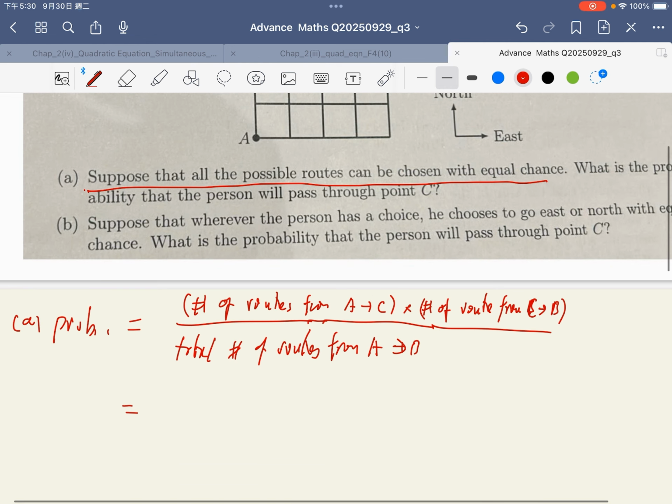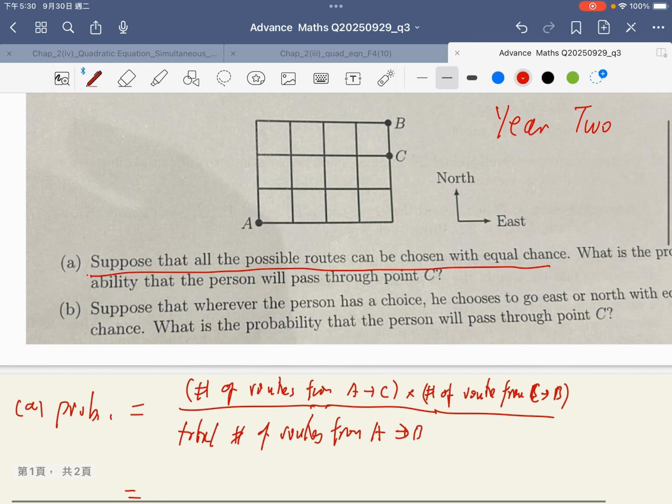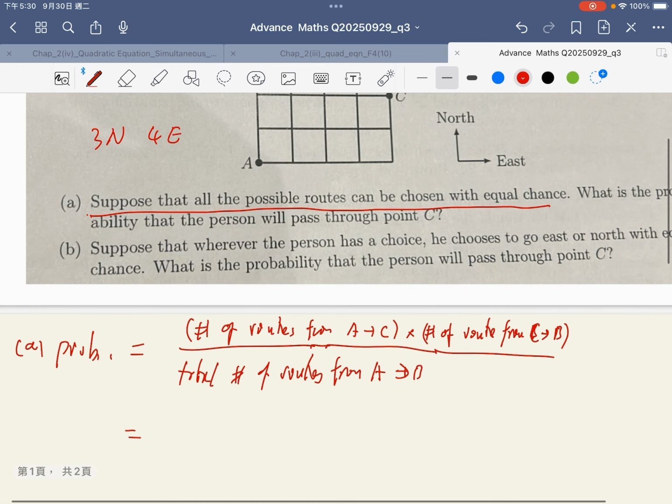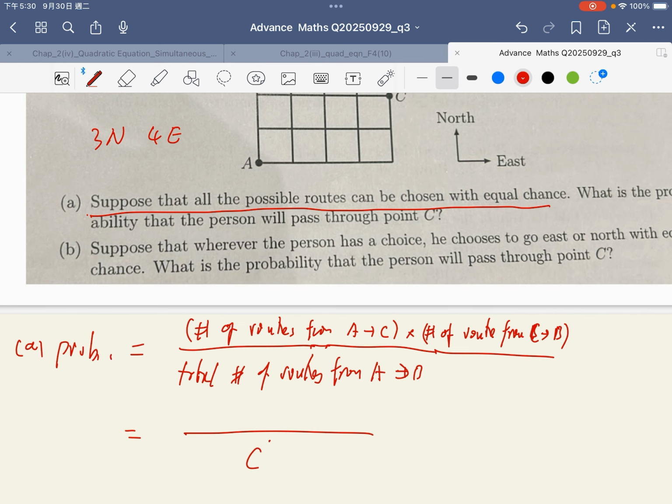For the total number of routes from A to B, we only count the number of routes. For example, 3 steps east and 4 steps north, so the denominator is 7C3.